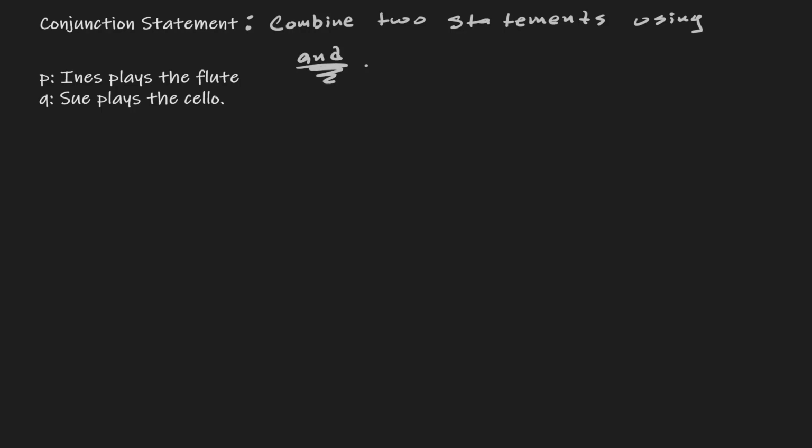And we actually have a symbol for that. A symbol that we are going to be using for conjunction statements is this upper arrow.